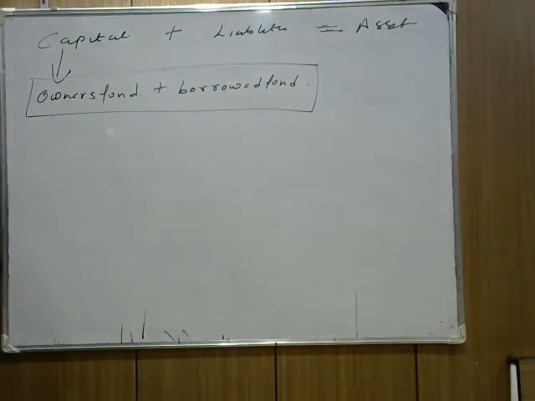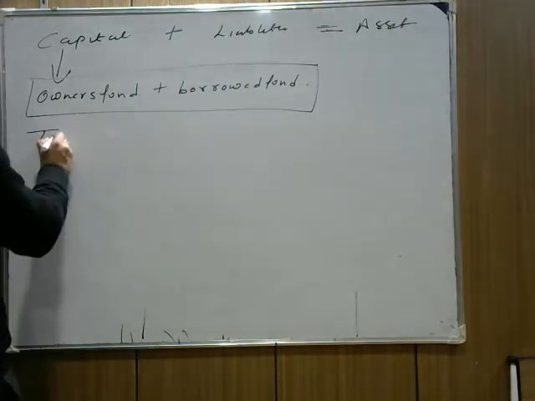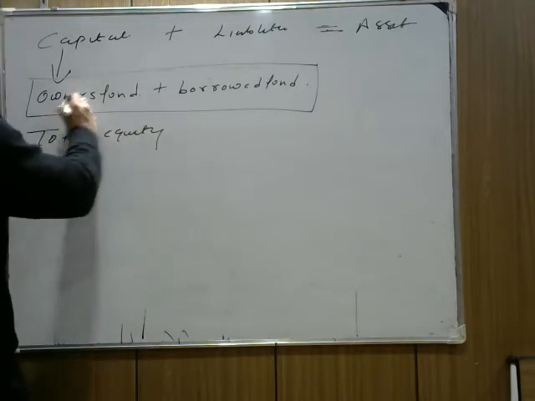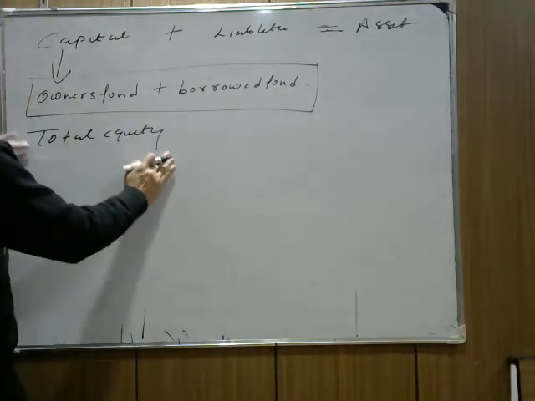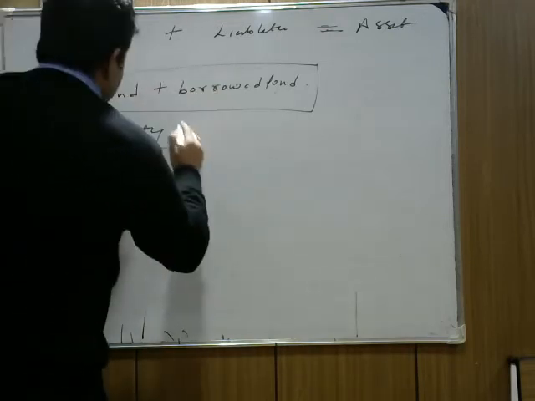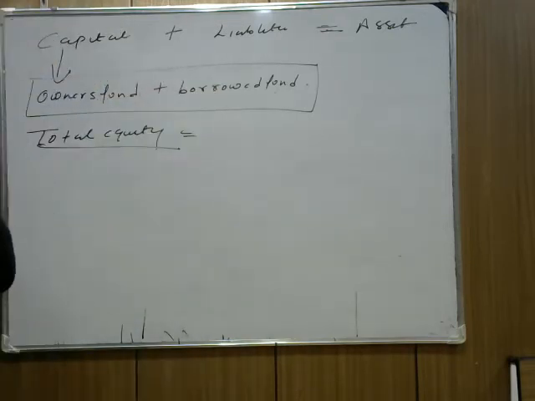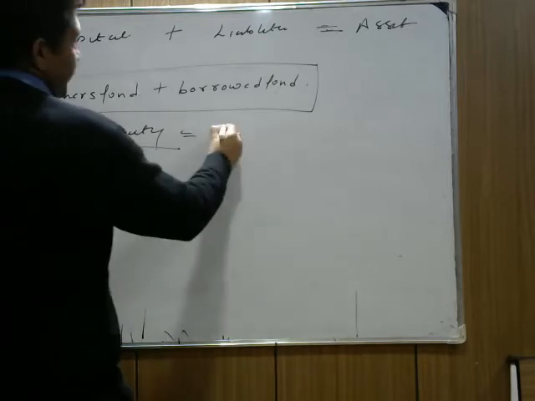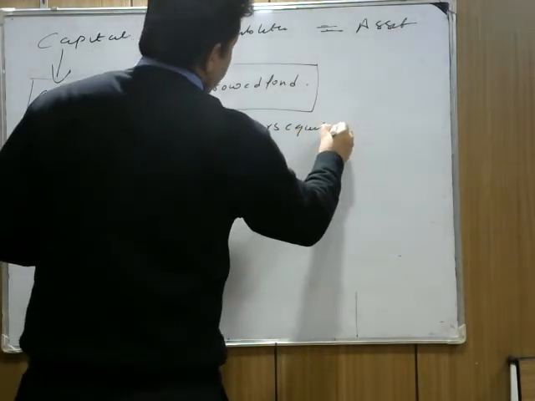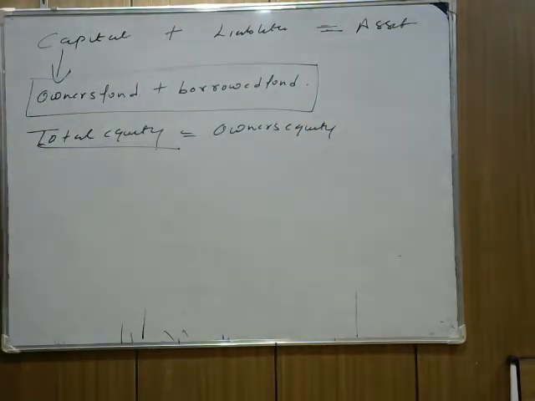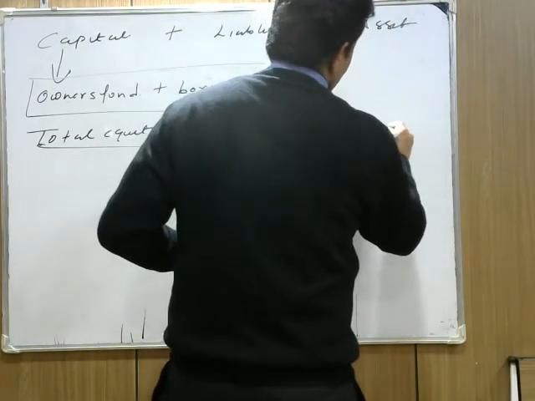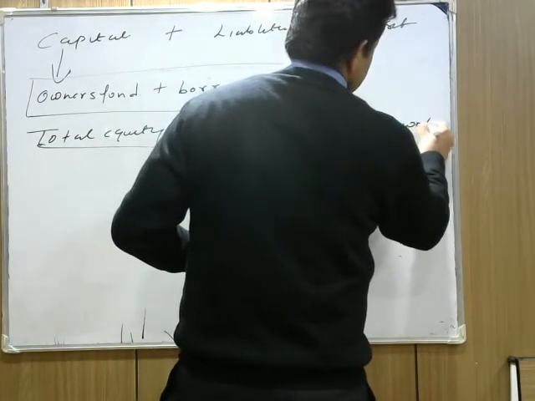When we write, we write total equity is equal to total capital. So total equity means owner's fund plus borrowed fund. We call it total equity. What is total equity? Total equity means owner's fund plus borrowed fund. So total equity is equal to owner's equity plus borrowed fund, which we borrowed from the other sources.